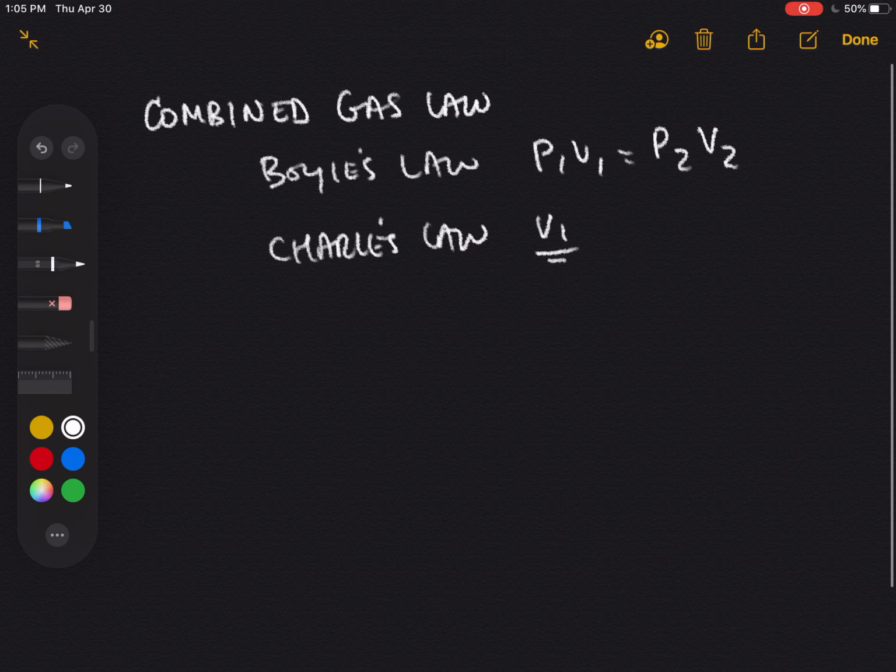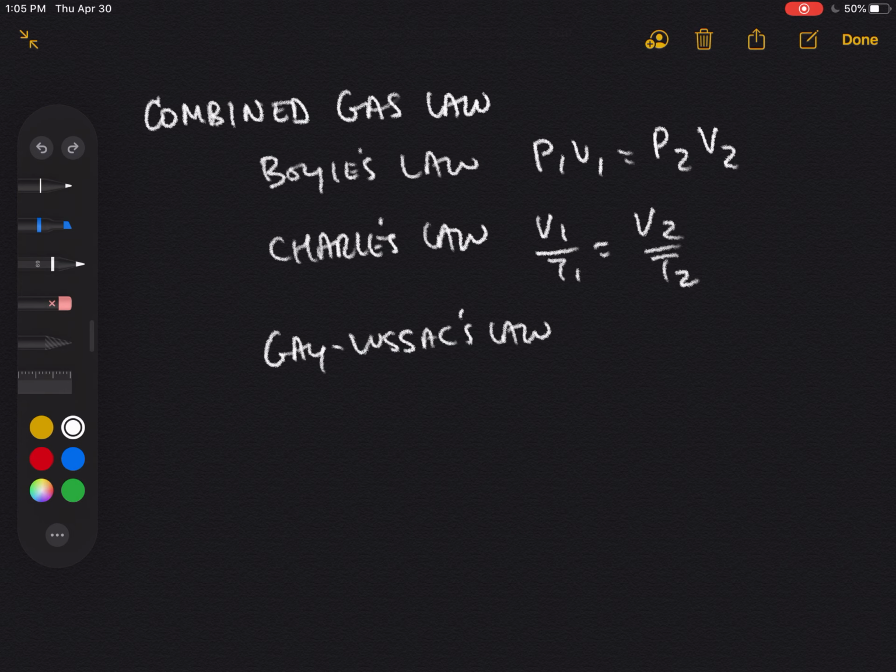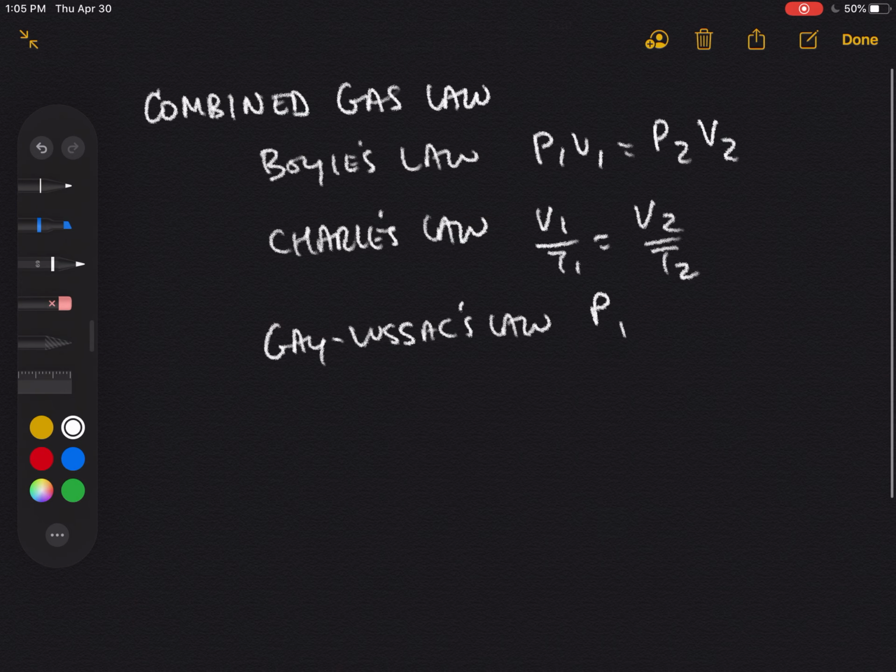This is V1 over T1 equals V2 over T2, and something called Gay-Lussac's law, which is P1 over T1 is equal to P2 over T2.